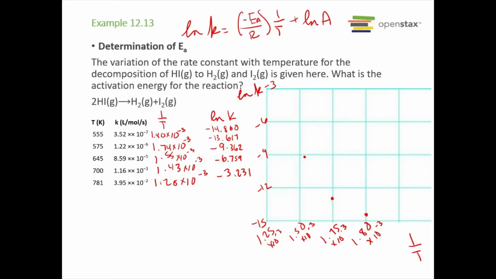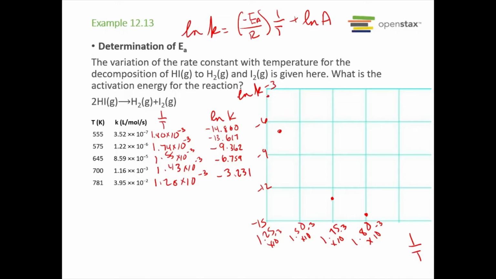And then 6.7 goes with 1.43. And the last one, 1.28, and that is negative 3.231.